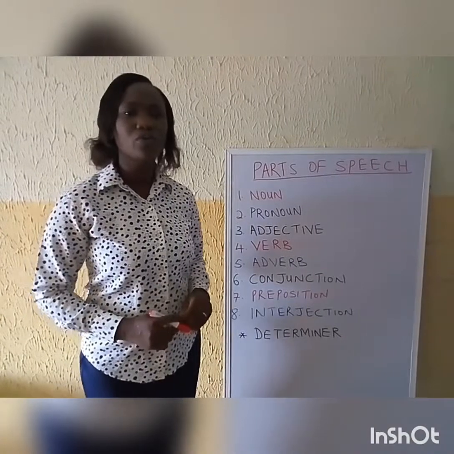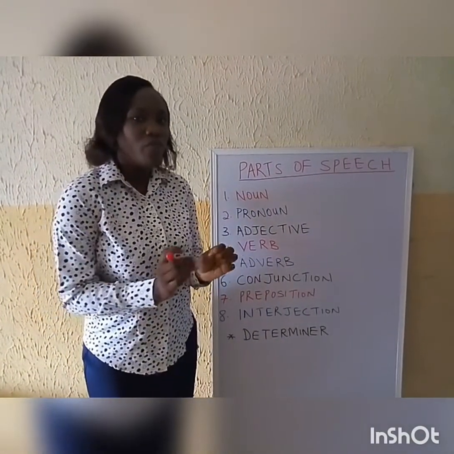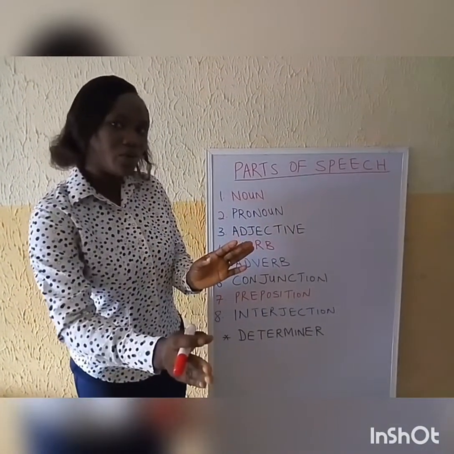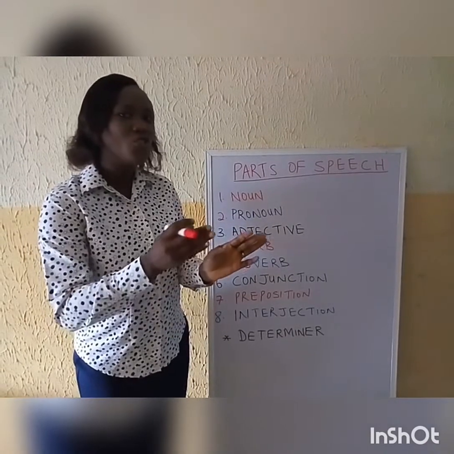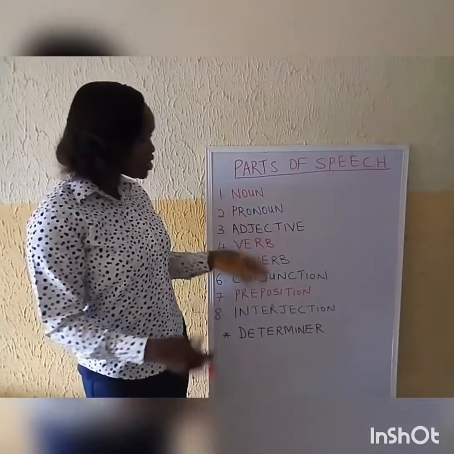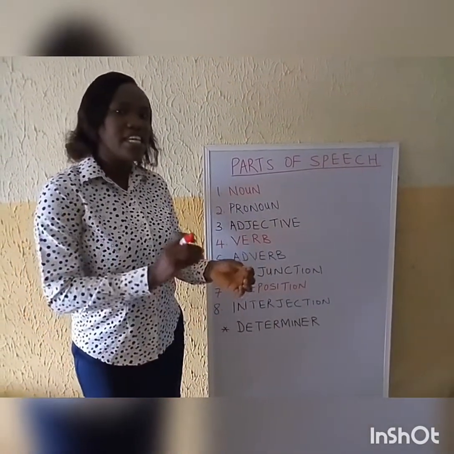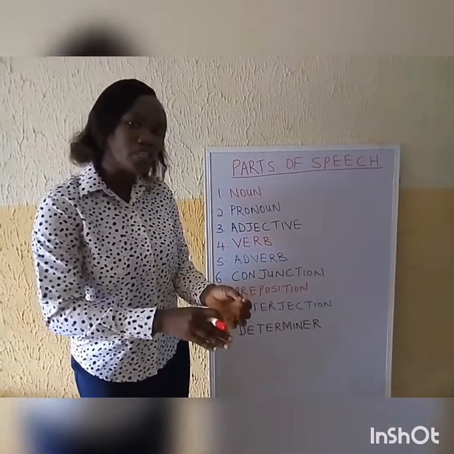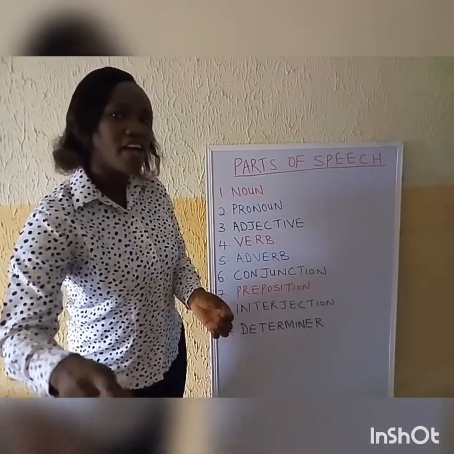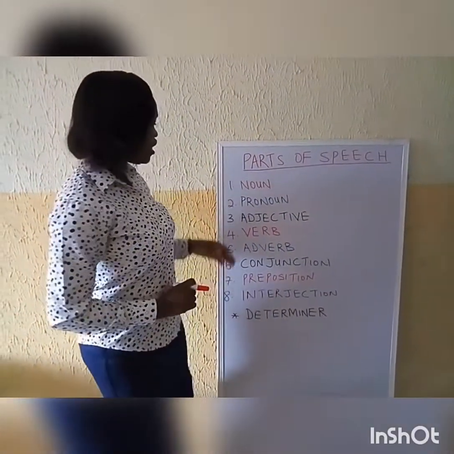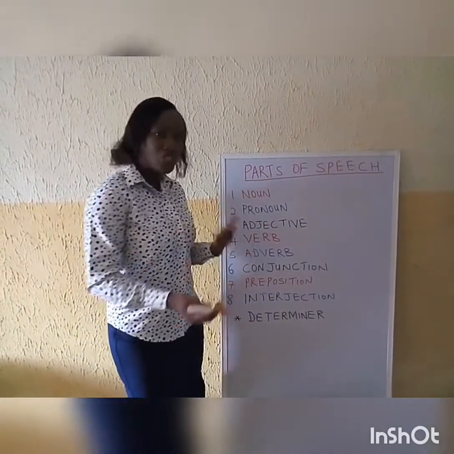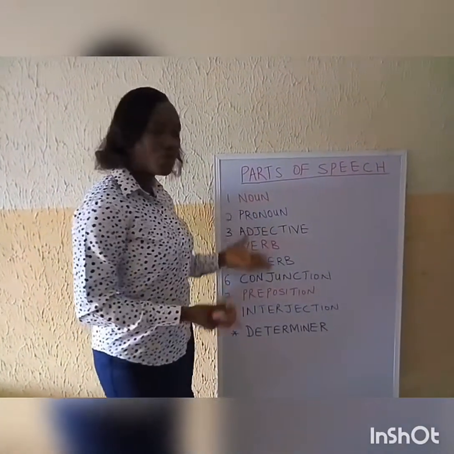And the second part of speech we'll be looking at is the pronoun. From the word pronoun, it means it is used for noun. Pro means for. So it is a word that we use in place of a noun. To avoid repetition, we use pronoun.